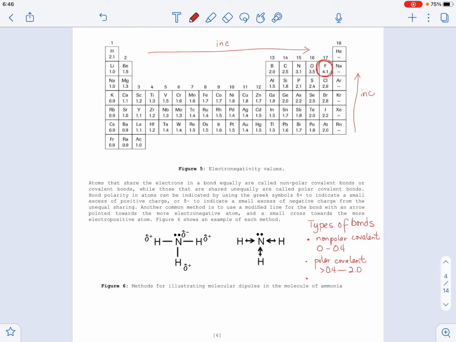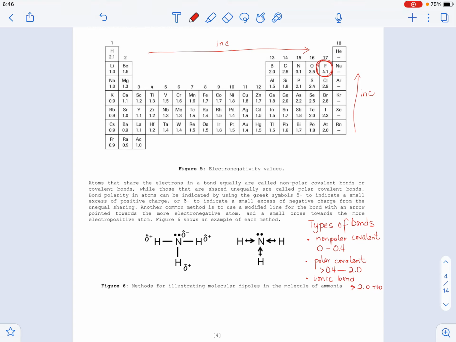And lastly, if you have an ionic bond, the electronegativity difference is going to be higher than 2.0 up to 4.0. Okay, so I keep on talking about there being a range for it, and this is how you calculate it. I'm going to use the molecule of ammonia that we have here.